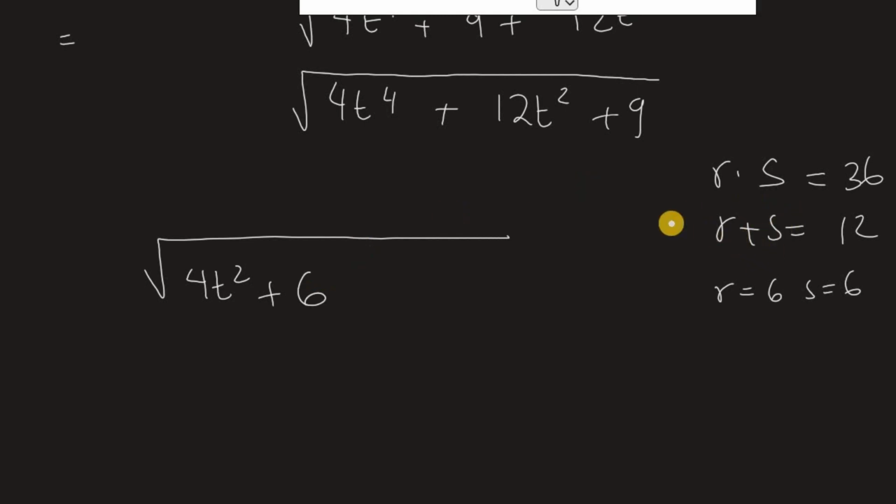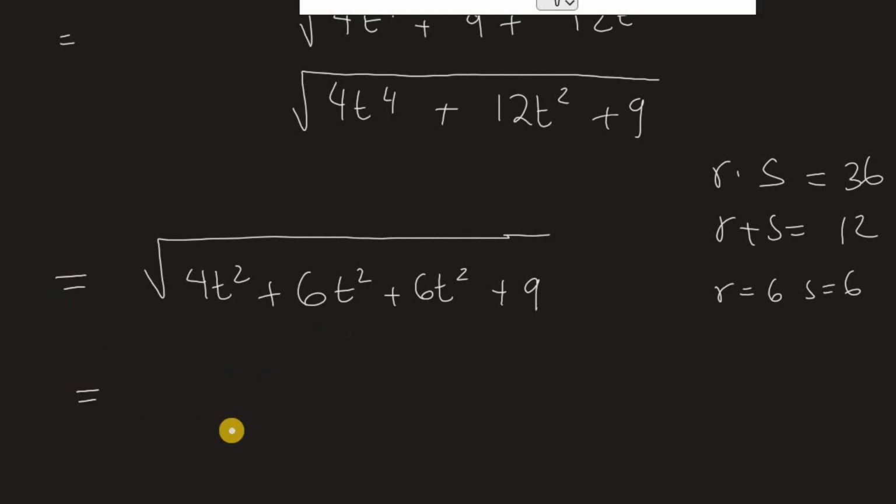We're going to write this in the form of r and s. We're going to remove this 12 and replace it with 6t squared plus 6t squared plus 9. Okay, we are breaking this because it was 12t, now it's 6t and 6t. This is how it has to be, right?